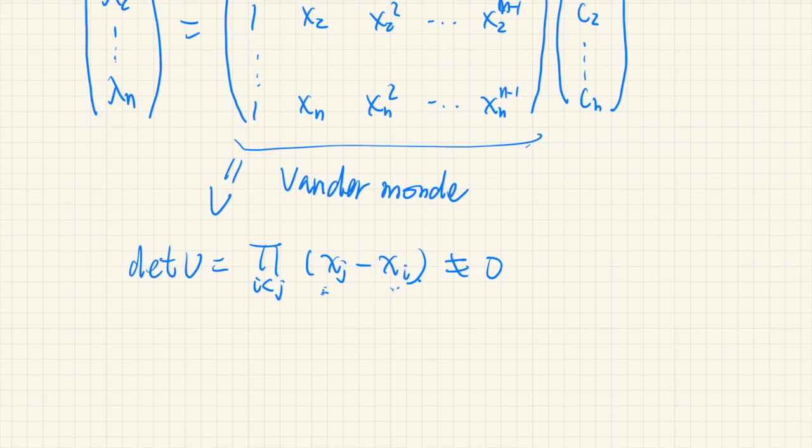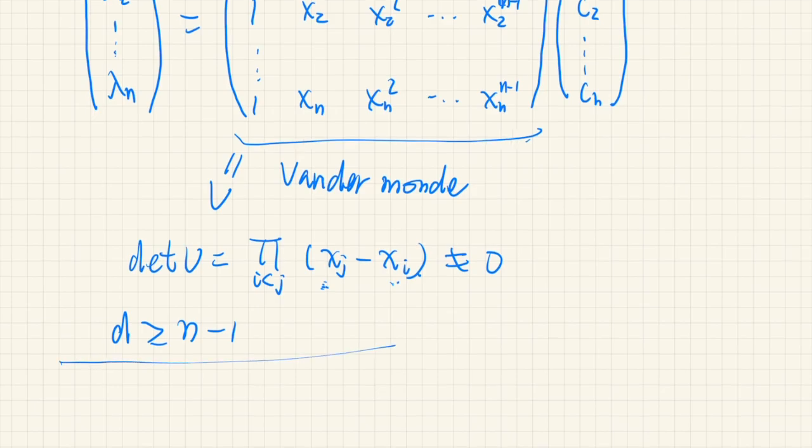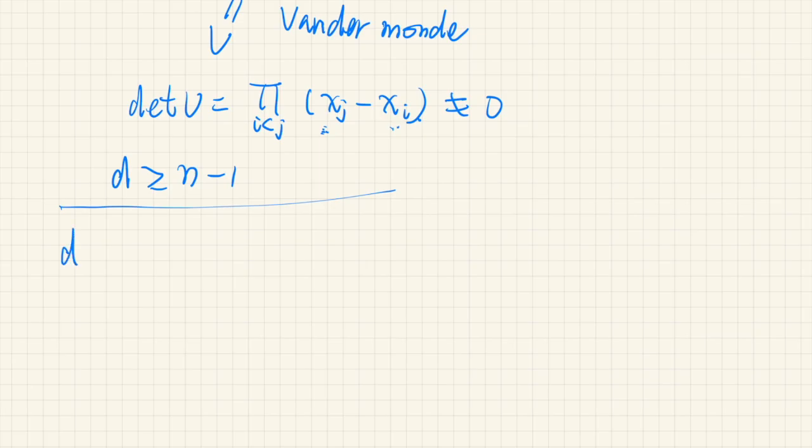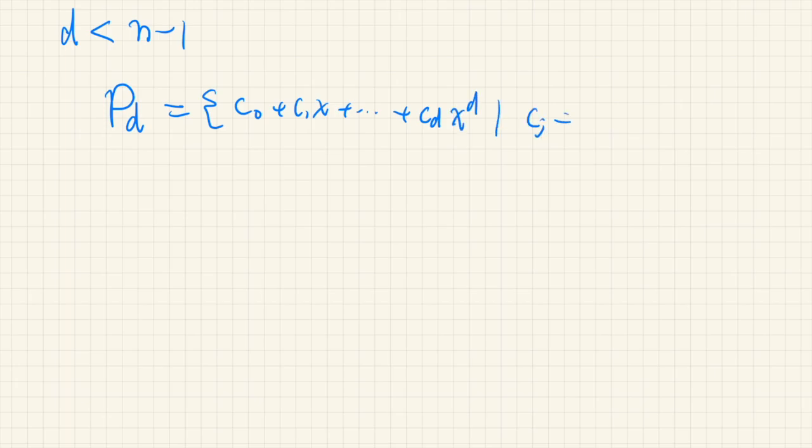So we are done with the case where d is sufficiently large, that is, greater than or equal to n minus 1. So now let's move on to our main topic where d is less than n minus 1. So let us first define the set of polynomials P_d with degrees of at most d. So this is a set of polynomials such as c0 plus c1 x, and so on, plus cd x to the power of d, where cj's are real numbers, j from 0 to d.